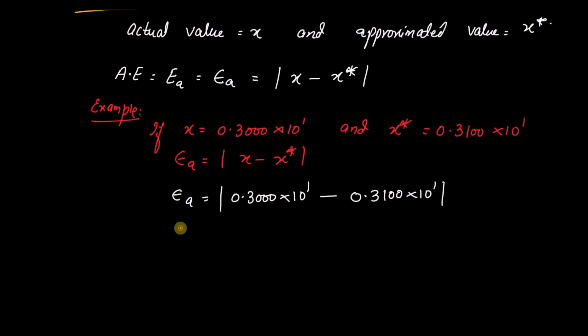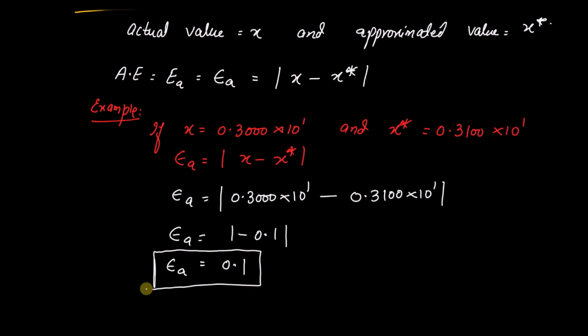When we subtract these values, we will get negative 0.1. When we take the mod, the absolute error will be 0.1. That's how we calculate absolute errors.